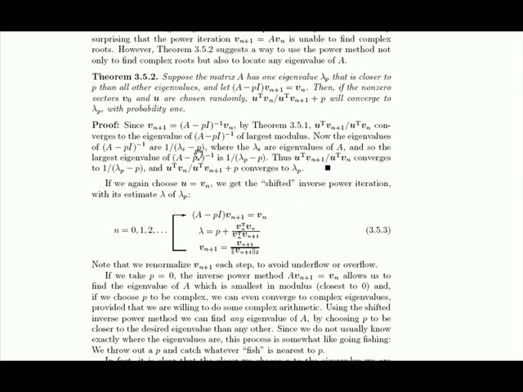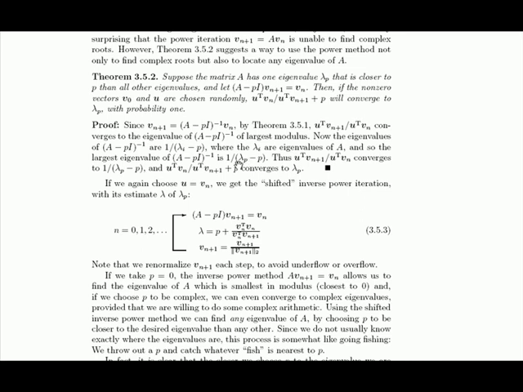And in fact, if you're willing to use complex arithmetic and choose p complex, you can even find complex eigenvalues this way. But you see, you're going to find the eigenvalue of A that's closest to p because you simply apply the power method to (A − pI)⁻¹. You find that the largest eigenvalue of that matrix is 1/(λₚ − p), where λₚ is the eigenvalue closest to p.